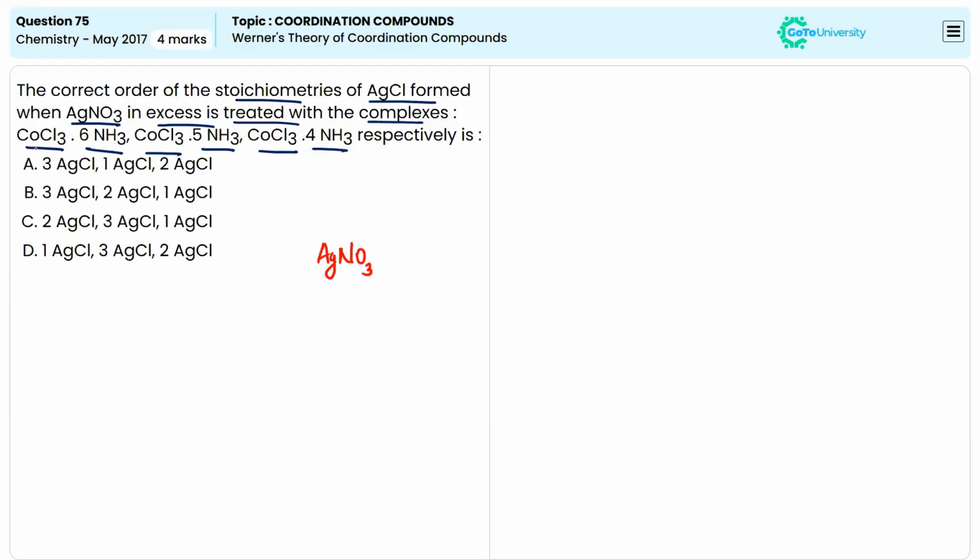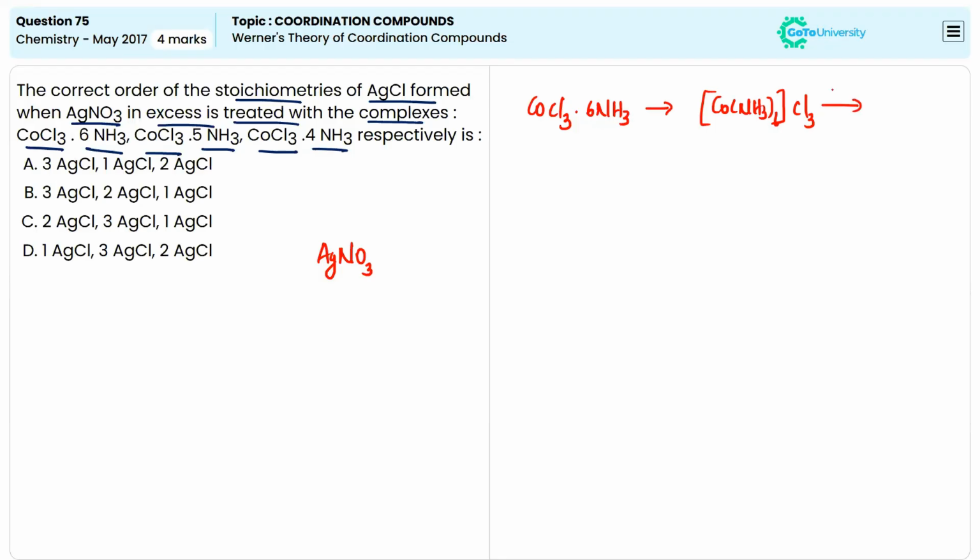Let us consider the first one, CoCl3·6NH3. This means the compound will be in the form of Co(NH3)6, with the three chlorine atoms outside.